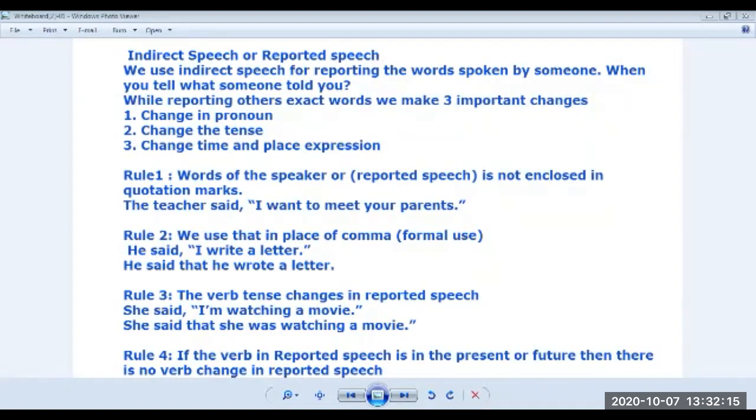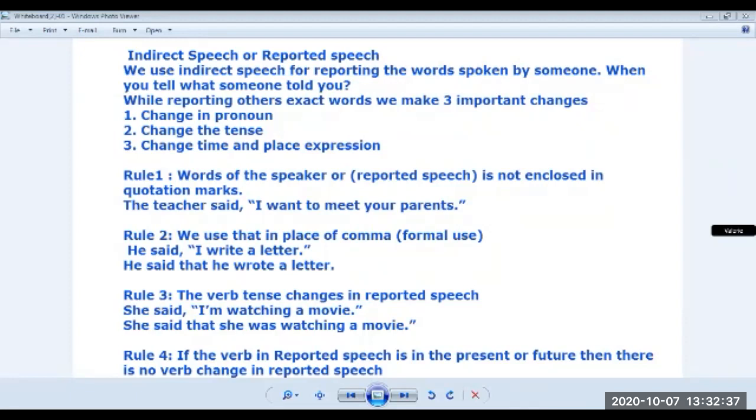When you go home and you tell your parents, what are you going to say? You will not say, the teacher said, "I want to meet your parents." You have to make small modifications to tell what I told you. Okay, so for that we need to make small minor changes.